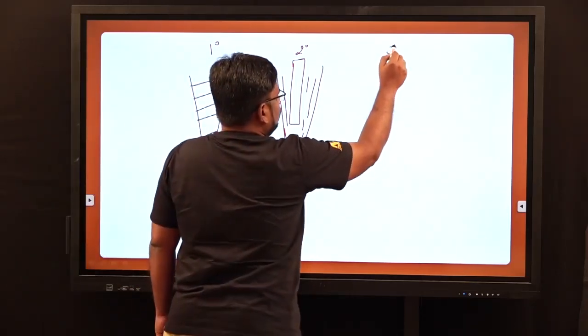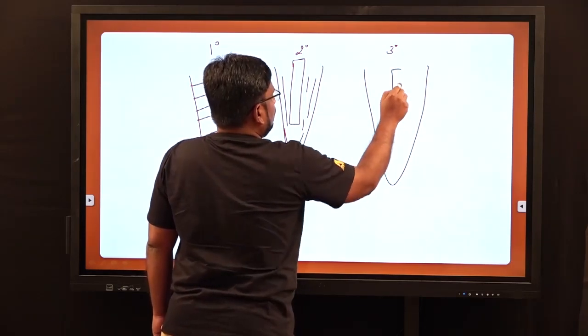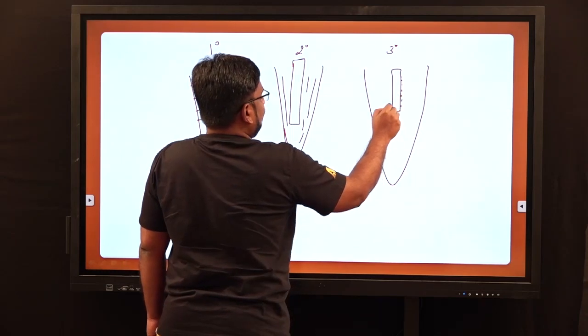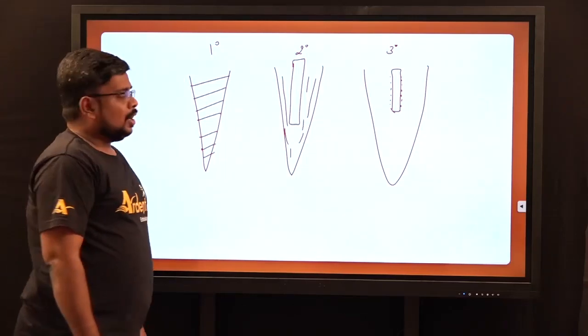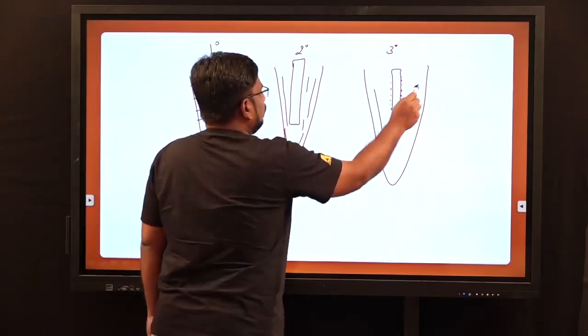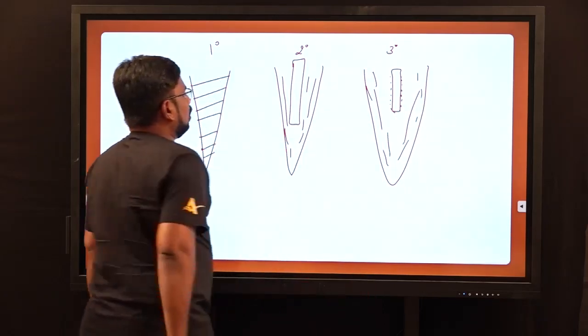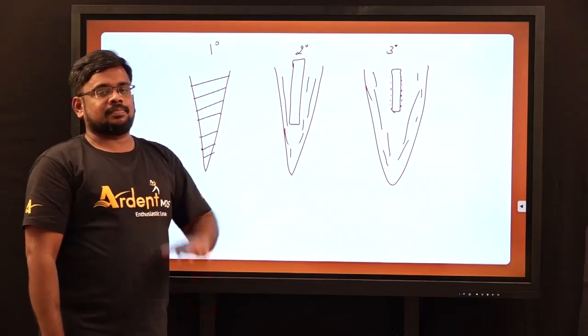In case of tertiary monoblock, you have a core material, some material applied on the external surface of the core material, along with sealer application on the root canal wall. This is called tertiary monoblock, as simple as that.